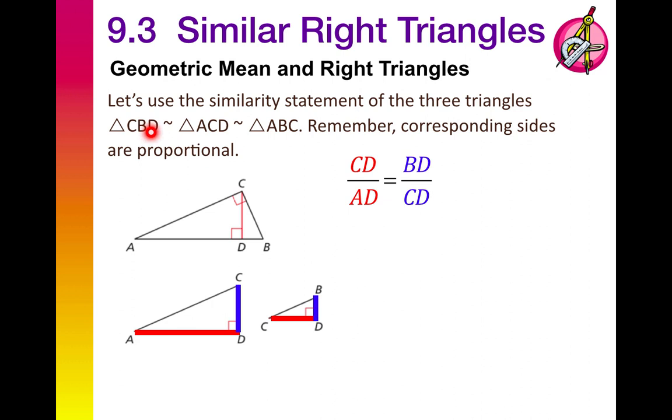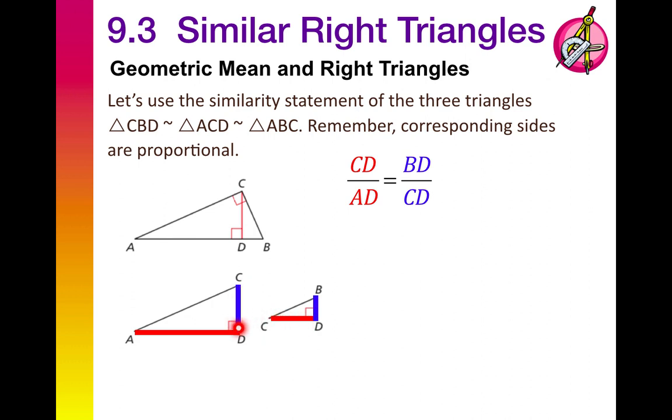So CD is the same thing as AD on this. So I can say that AD relates to CD, and that's here. But we can also see that BD relates to CD here.